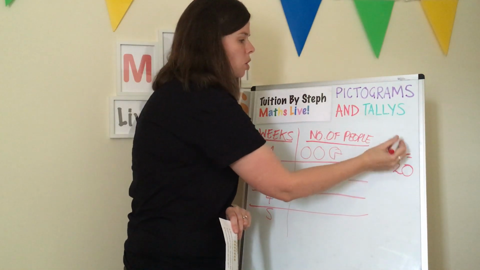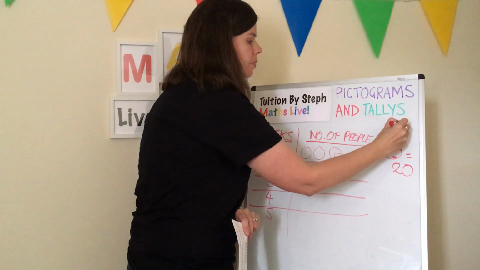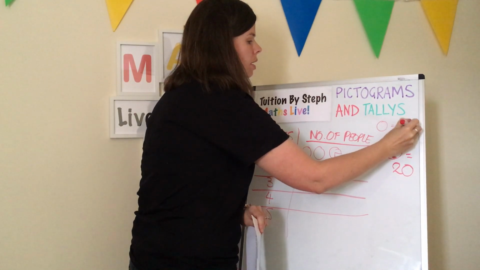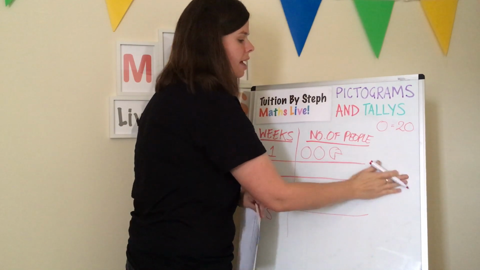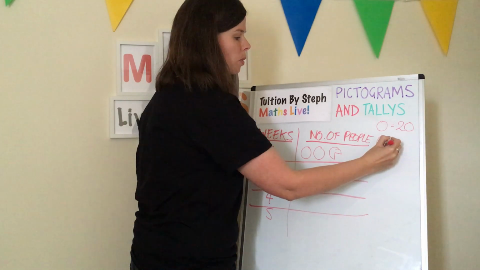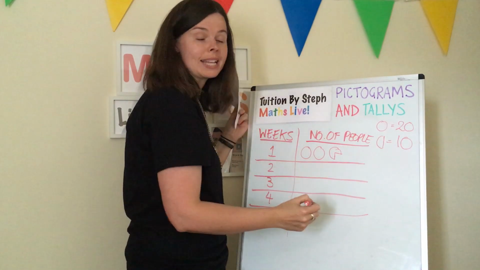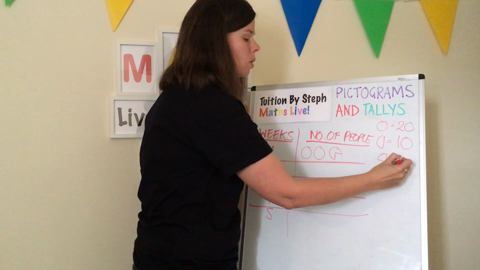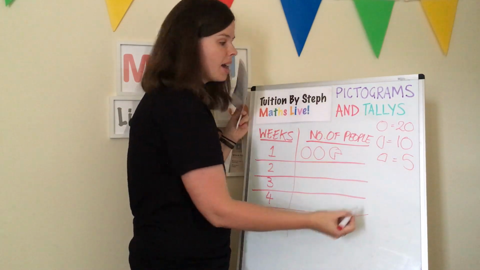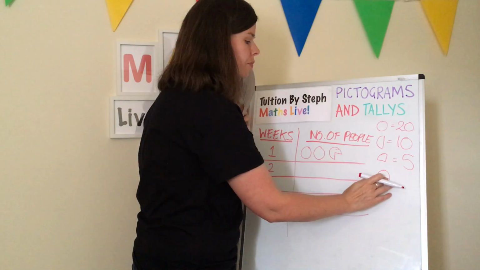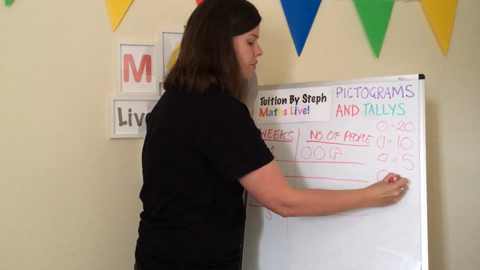So let's work out, if a whole football is 20, then half a football must be 10. And therefore, a quarter of a football must be 5. Therefore, 3 quarters of a football is 5, 10, 15.